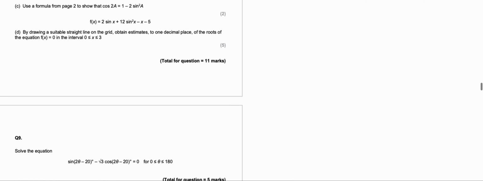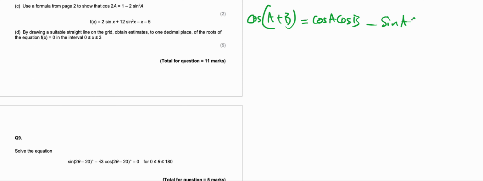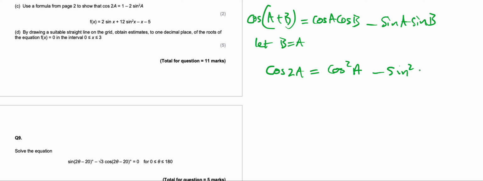Using a formula from page 2, show that. So the formula you're looking at is cos(A plus B) is cos A cos B minus sin A sin B. And you're going to let B equals A. So that will be cos 2A is cos squared A minus sine squared A. But in our equation, we don't have any cos's on the right hand side.